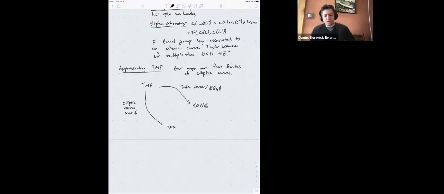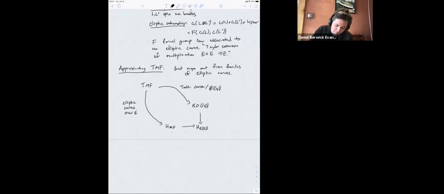And now another thing you can do is take the family of elliptic curves given by the Tate curve and take its complex points, and that's going to give some compatibility between these two maps. So that gives me maps down to ordinary cohomology with coefficients, power series in Q with now complex coefficients. And now these two latter maps actually have simpler descriptions in terms of things we know about K theory and ordinary cohomology.